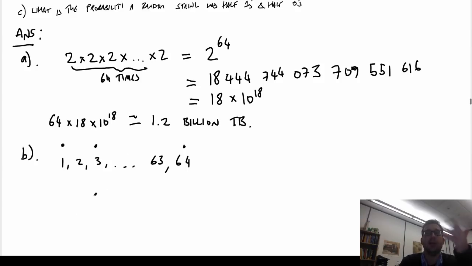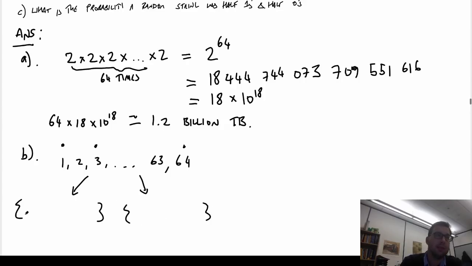Again, it comes down to one of these combinatorial questions where we're splitting the deck in half. We've got a deck of 64 cards, and half of them have to go into the ones pile, and half of them have to go into the zeros pile. So we're getting to the situation of the ways of choosing 32 items out of a list of 64, so we're going to get 64 choose 32.